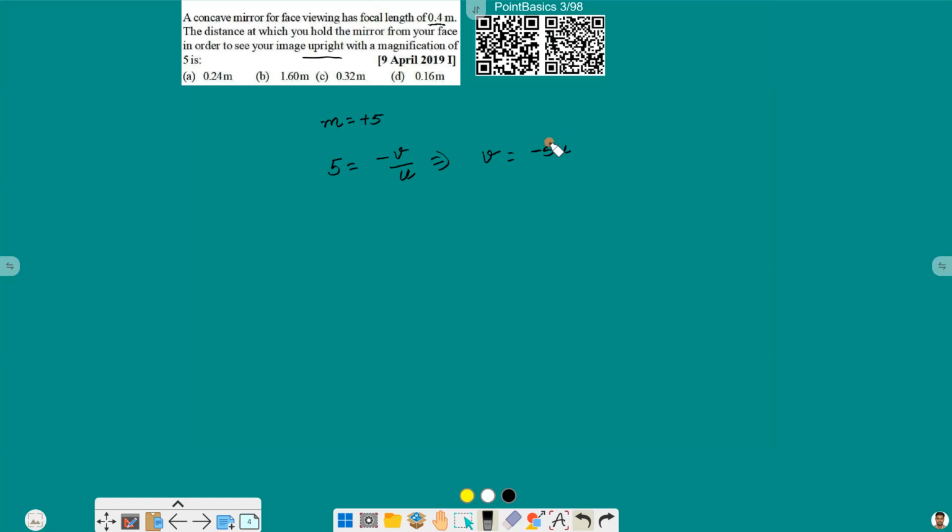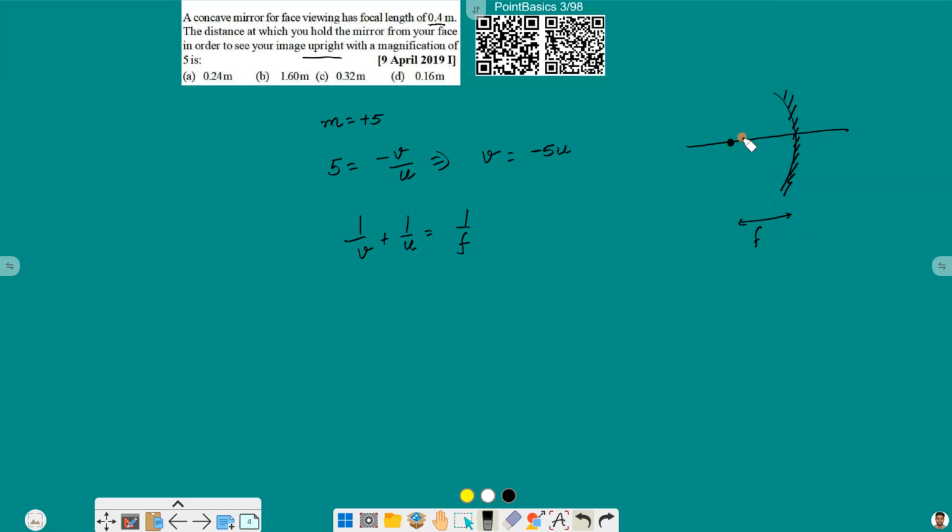Now using the mirror formula, we have 1 by V plus 1 by U is equal to 1 by F. Now we will substitute V as negative 5U, and here we will not take U as negative, because assume this is our concave mirror and this is the focal distance.